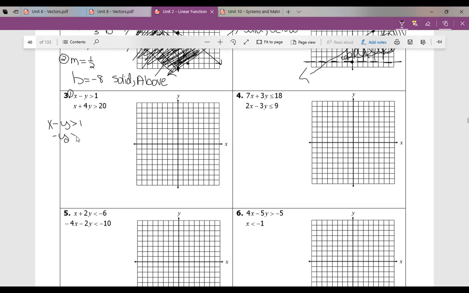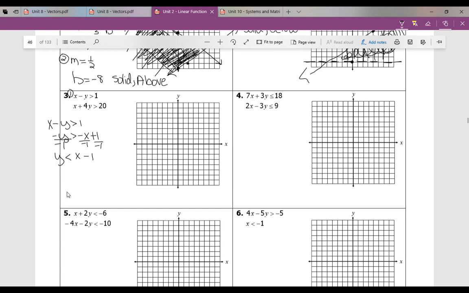Subtract your x. Divide by negative, which flips your symbol. So y less than positive x minus 1. Sometimes you do have to flip that symbol.